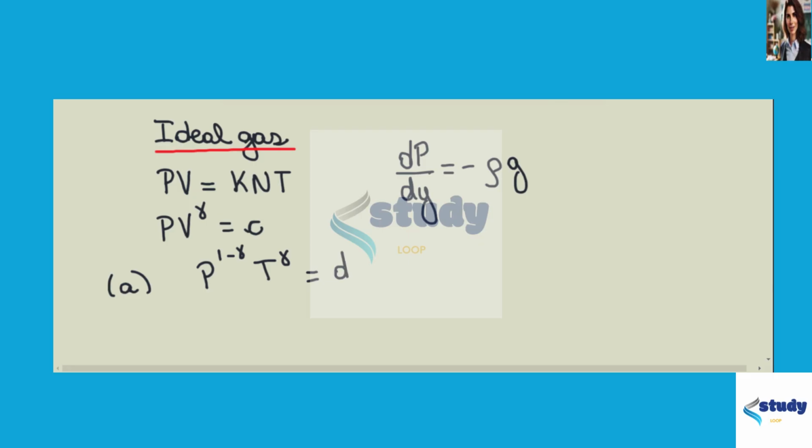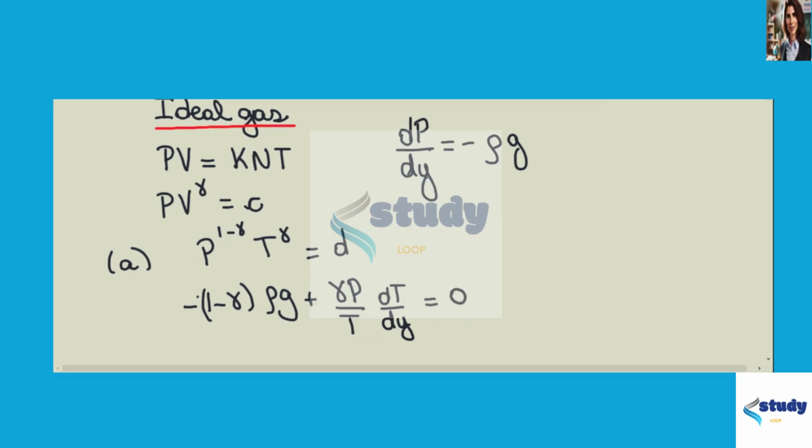I'm going to call this constant D. And then we have to show that (1 minus gamma) rho g plus gamma rho P over T times dT dy is equal to 0.